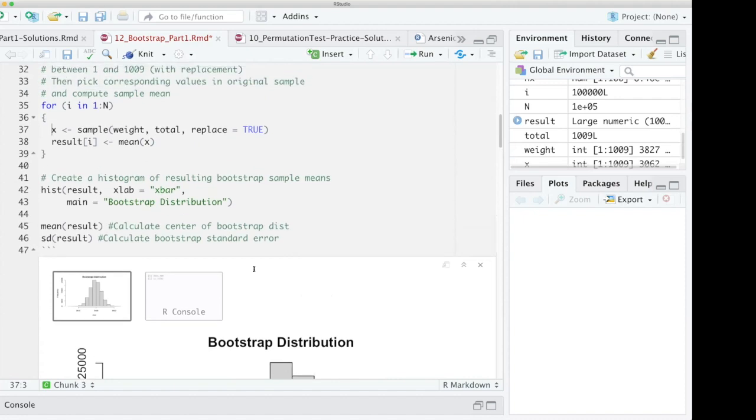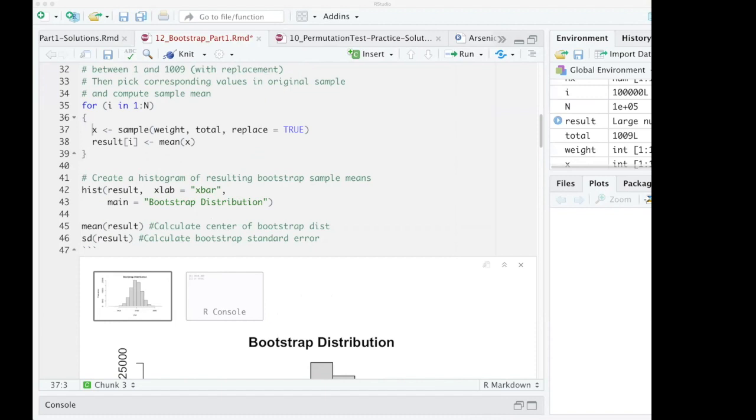Any questions about that? So this would be like the simplest of the cases. When we only have one sample, we're not comparing different things. We don't have to subset data, all of that. Okay, great.